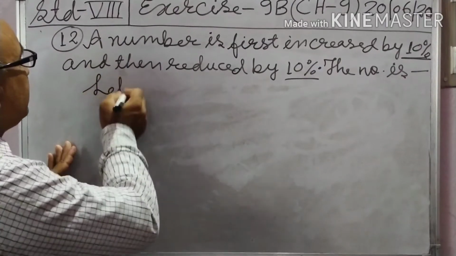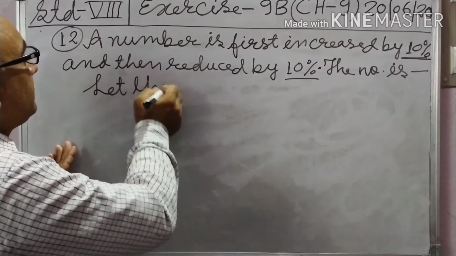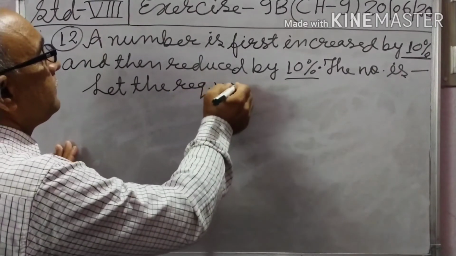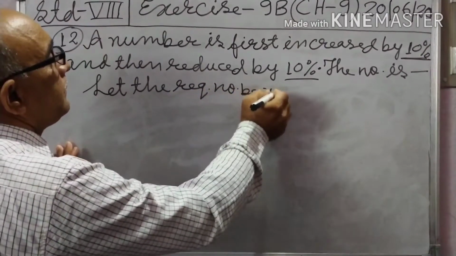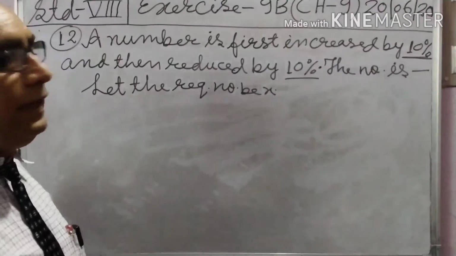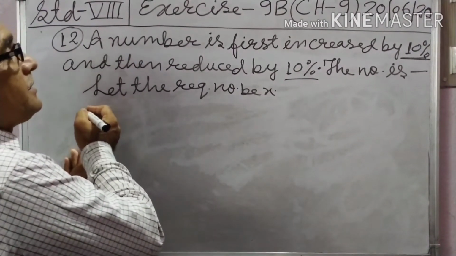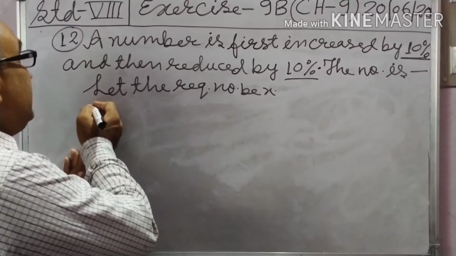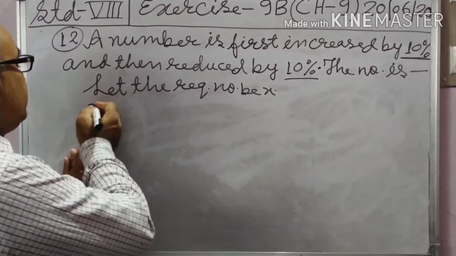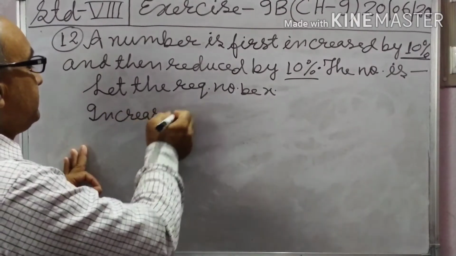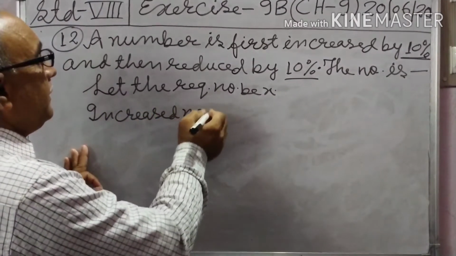Let the required number be x. So, increased number.